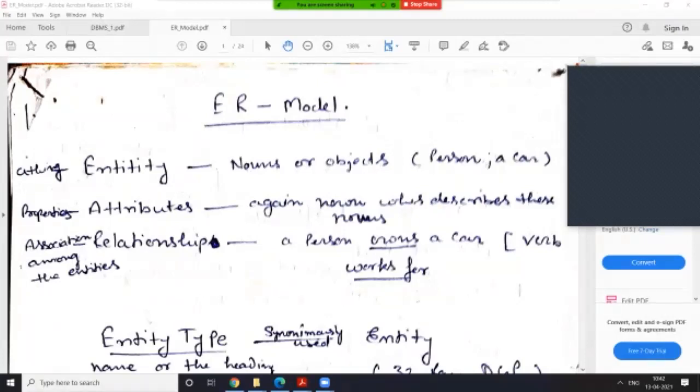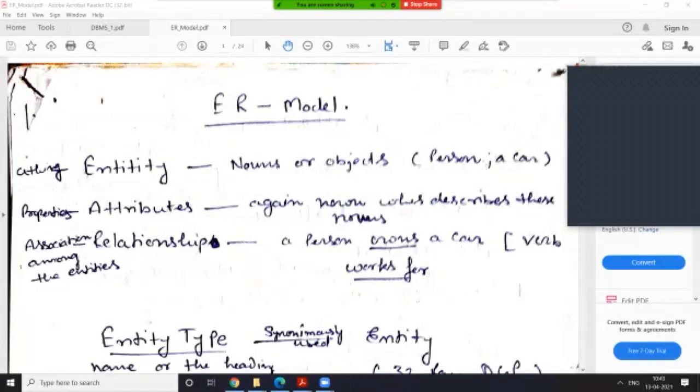Now, the next thing is that you must be able to identify the attributes of those entities. If you are going to tackle any kind of question, as I said, faculty is described by its name, its faculty ID, its specialization subjects, like that. What is this line saying?